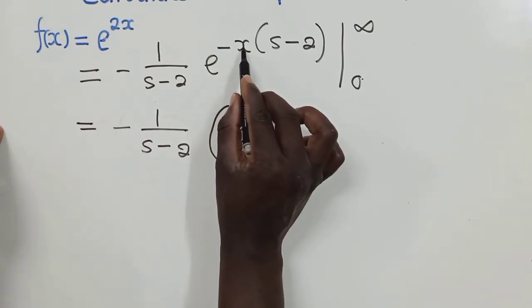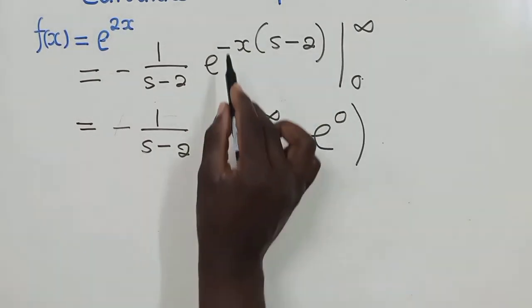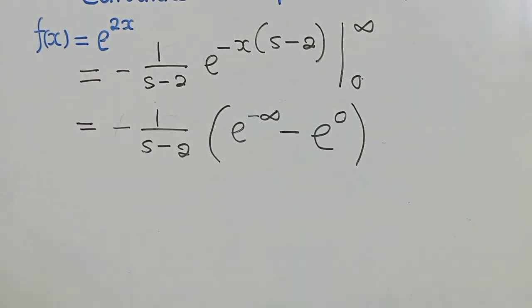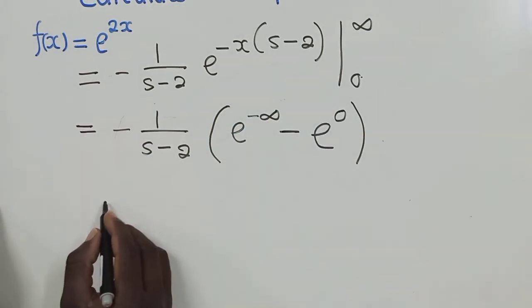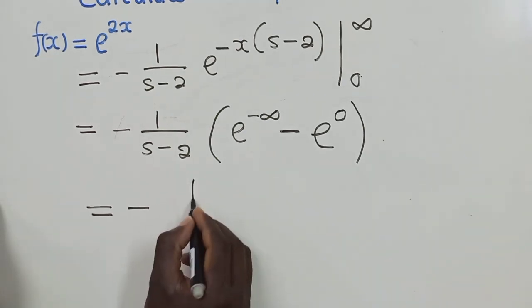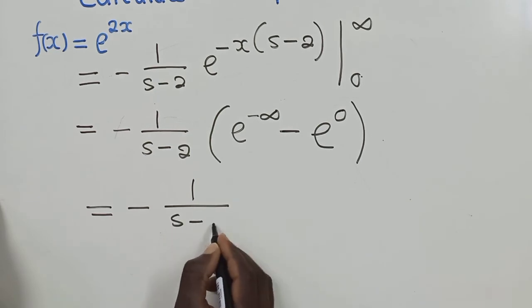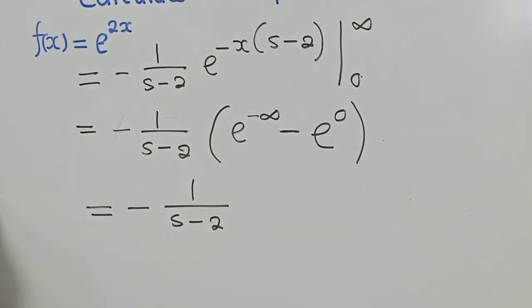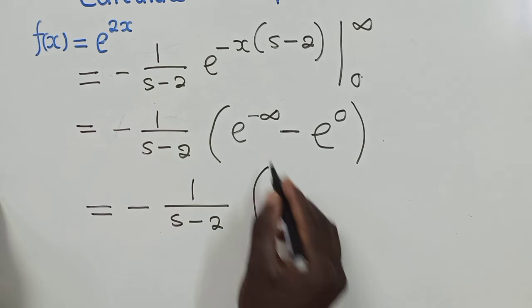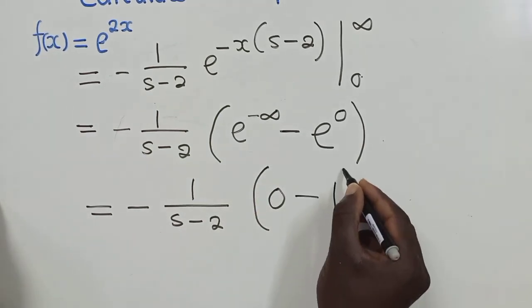If we put a 0 here, we'll just have e to the power 0. Everything here will just be power 0. So thereafter, we can say negative 1 right there, like that.